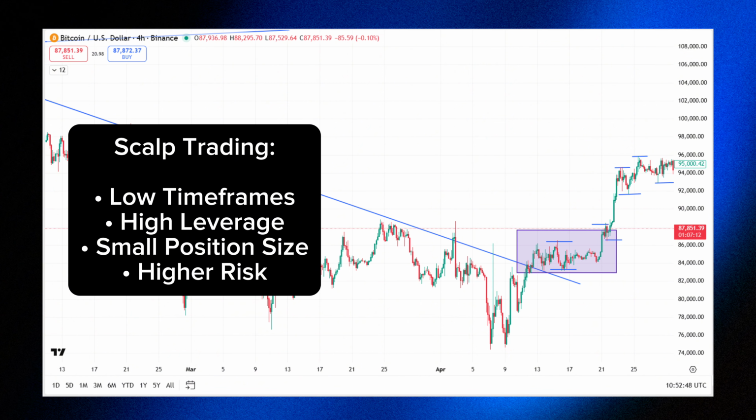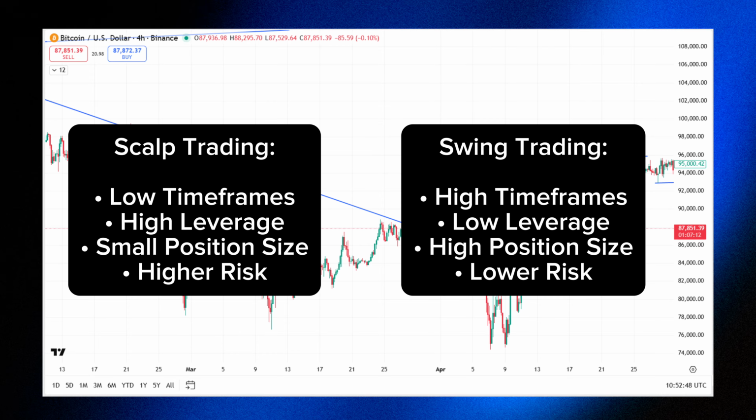Especially for beginners, you should always start small and never put your whole account into one trade. And then the second option is to swing trade. Swing traders usually use lower leverage and bigger margin because they're trading bigger time frames, like for example the 4 hours, the daily or the weekly charts. So it depends on your strategy, but usually this is how it goes.